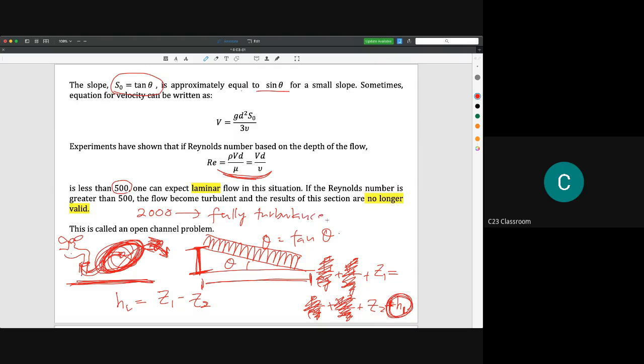Another similar idea is open channel flow, because we are discussing the incline like this, and you have water on that inclined plane. It is the same as a conduit or a drainage in your town.